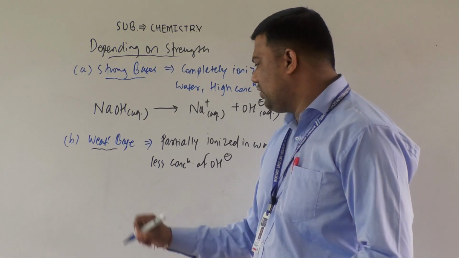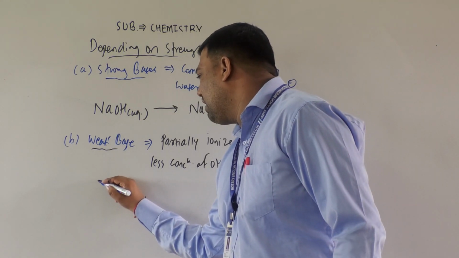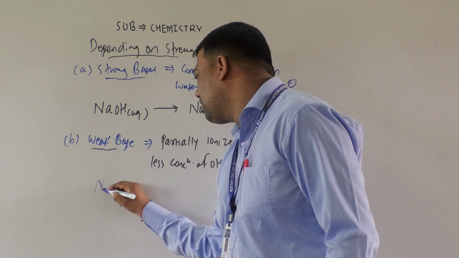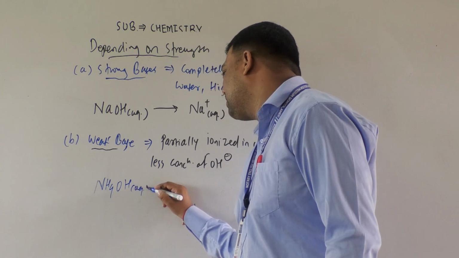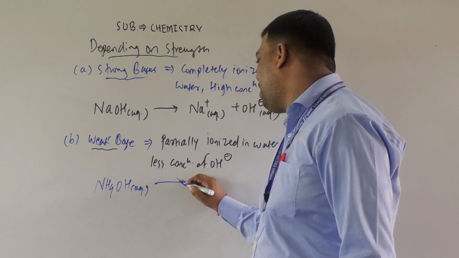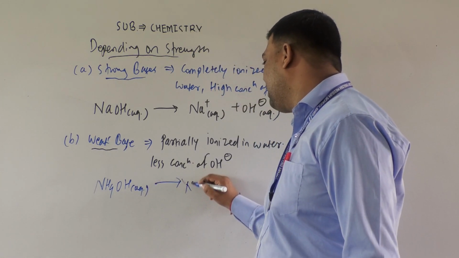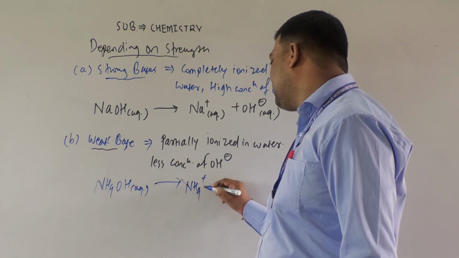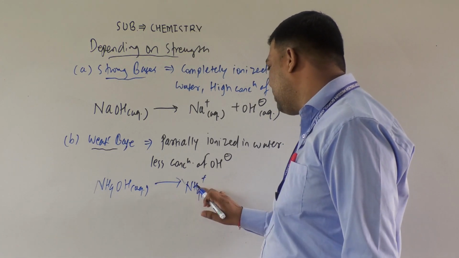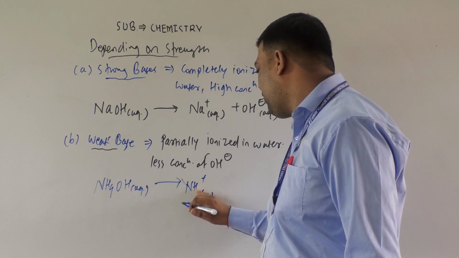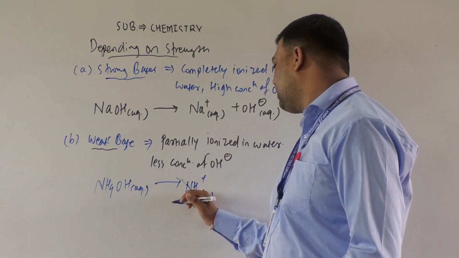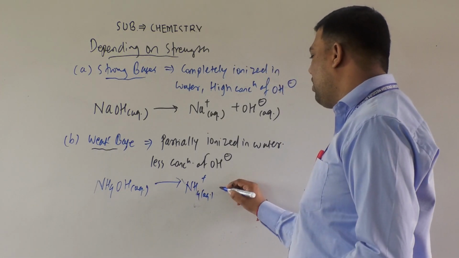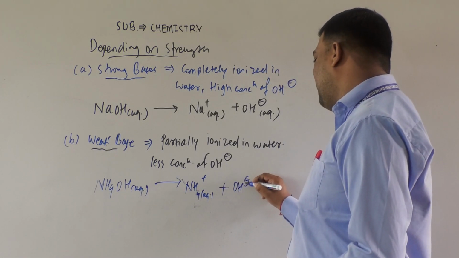Examples: NH4OH aqueous. What will you get? NH4 plus aqueous plus OH minus aqueous.